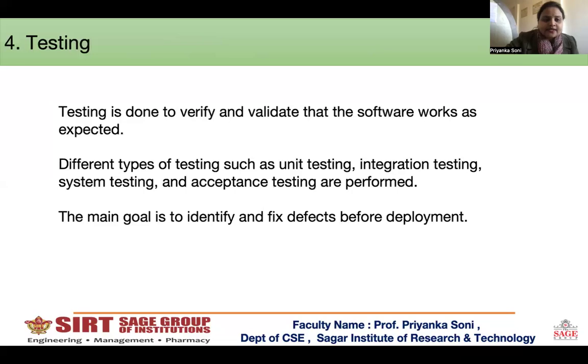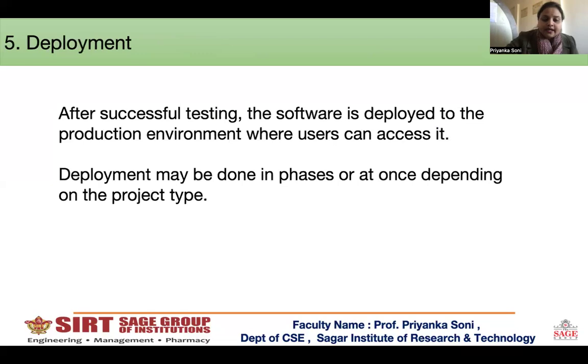In the testing part, software is tested to detect and fix errors, and unit, integration, system, and acceptance testing are performed. In deployment, software is released into the production environment for user access.